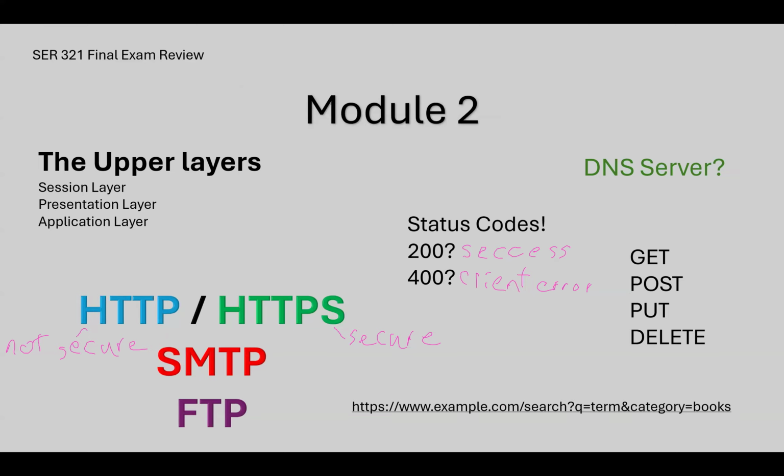Does anyone remember what SMTP or FTP are? No. So SMTP is the Simple Mail Transfer Protocol. Realistically, I don't think you have to memorize the words so much as just know it's for mail.